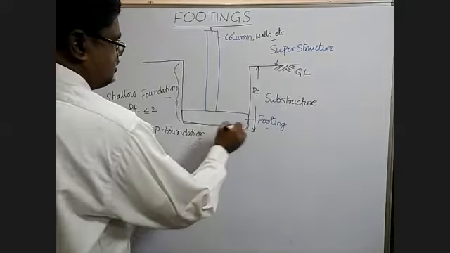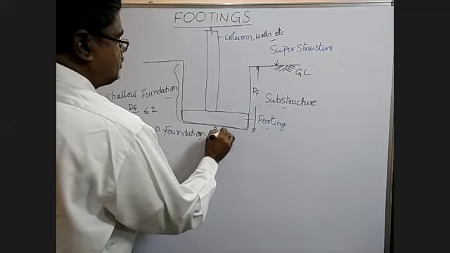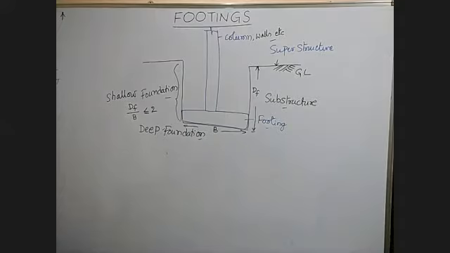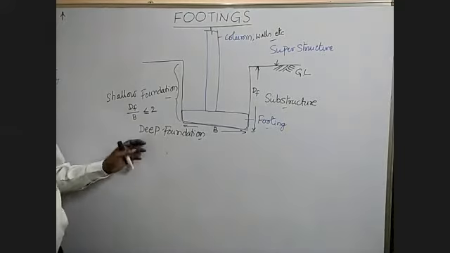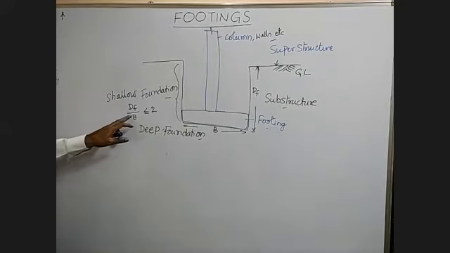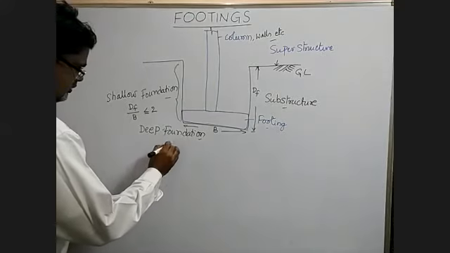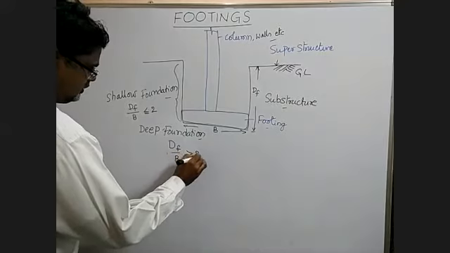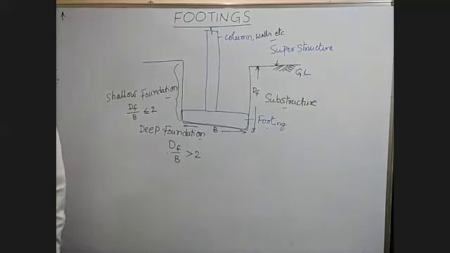This is depth, this is B. If it is greater than 2, depth of foundation by B greater than 2, we call it as deep foundation.